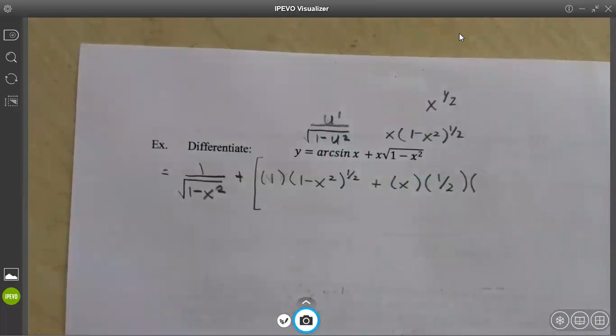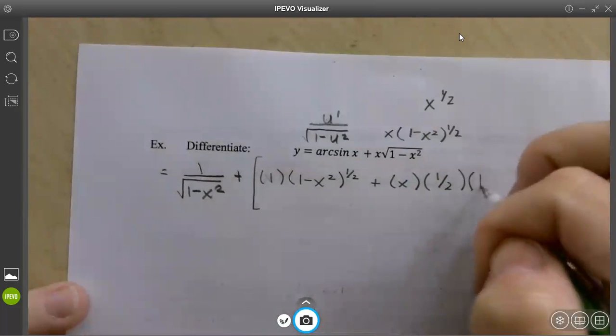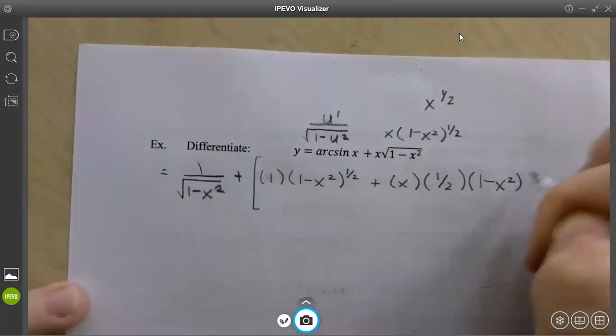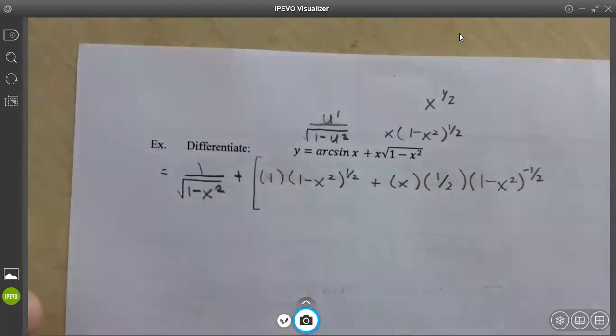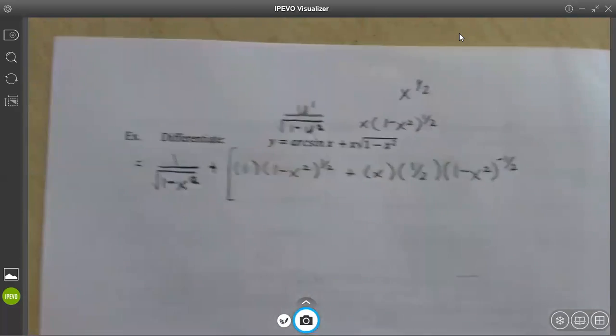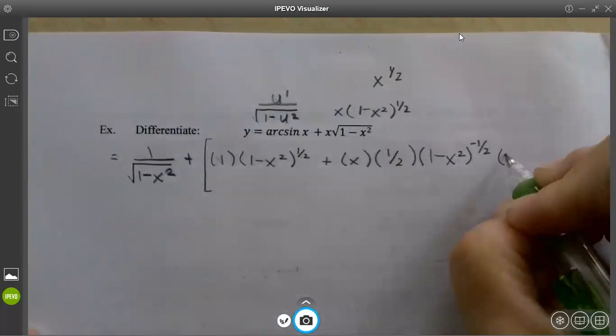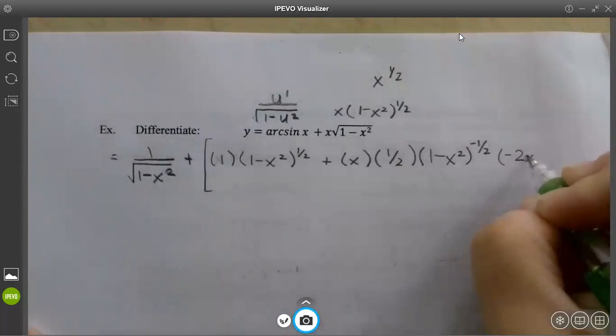This is exactly the same, except instead of x, we have 1 minus x squared. You do the same thing. So we have the 1/2, and instead of x, we have 1 minus x squared to the negative 1/2. Then because we had something other than x in there, we have to take that derivative. What's the derivative of that inside? Negative 2x.